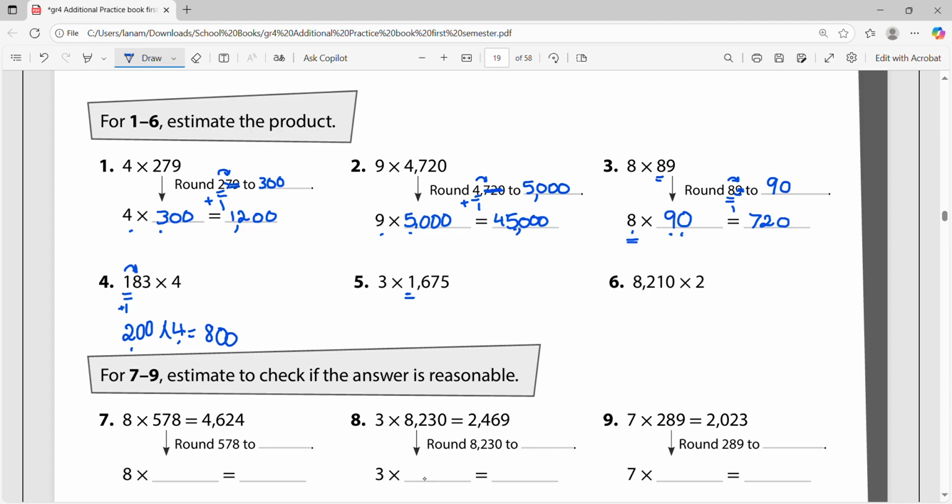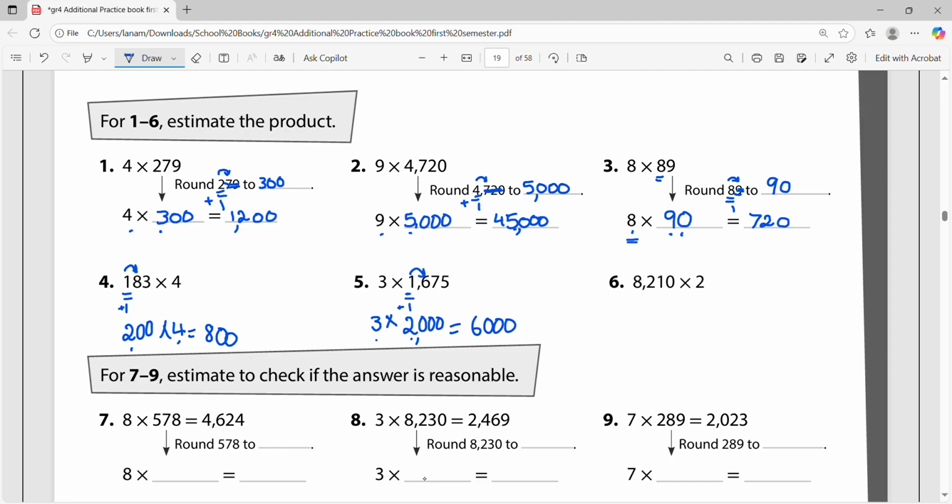Now let's round this to the nearest thousand. I have 3 times. Now find your place, look next door. If 5 or greater, add one more. So this will be 2. Numbers on the right, 0 is your name. 3 times 2 equals 6, and then I add the zeros.